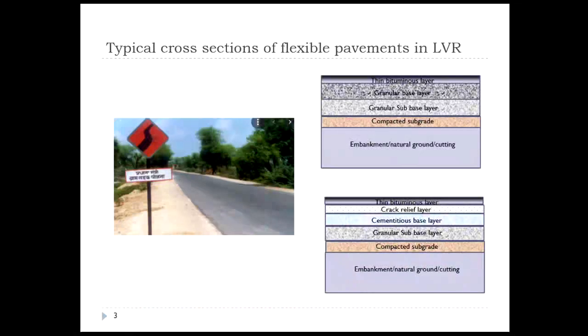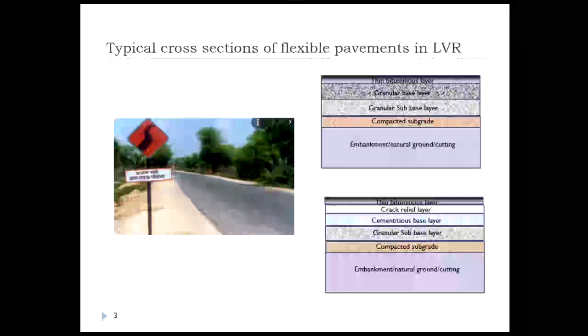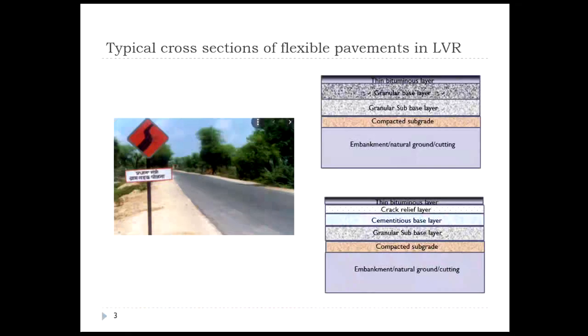The second combination allows you to have the bituminous layer placed above cementitious subbase and base layers with a crack relief layer in between. These are the two combinations of flexible pavements that many of you would have implemented in your career.